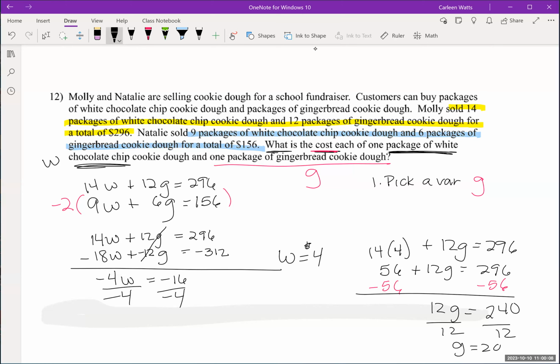So white chocolate chip cookie dough is $4 a package. Gingerbread cookie dough is $20 a package. Yeah, maybe it's like special ginger. So the numbers get a little skewed because it just keeps generating these problems and changing the numbers.